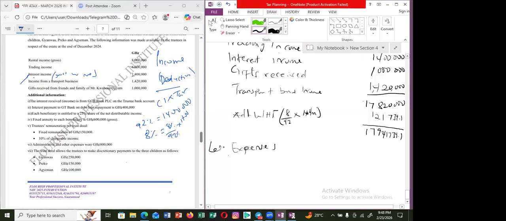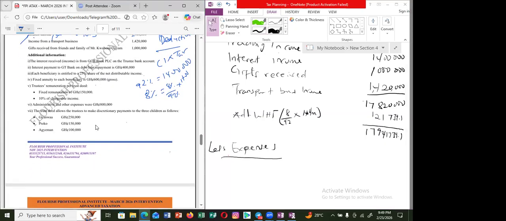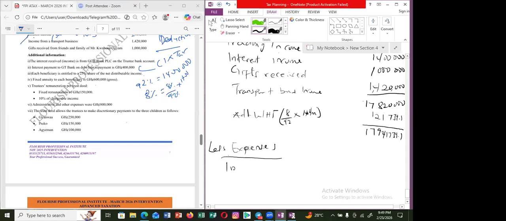So we less the expenses. So let's see. Interest payment to GT Bank. So interest that we paid, it's an expense. Interest paid, that's 400,000.